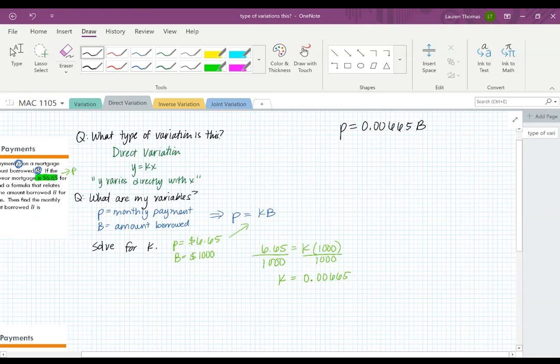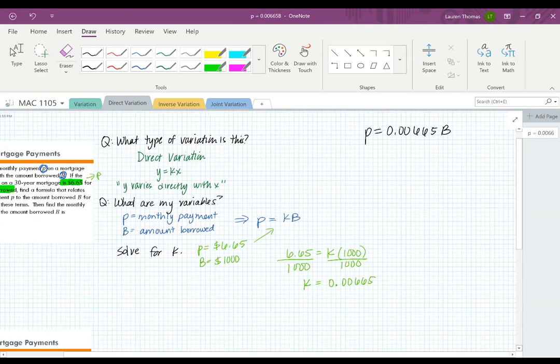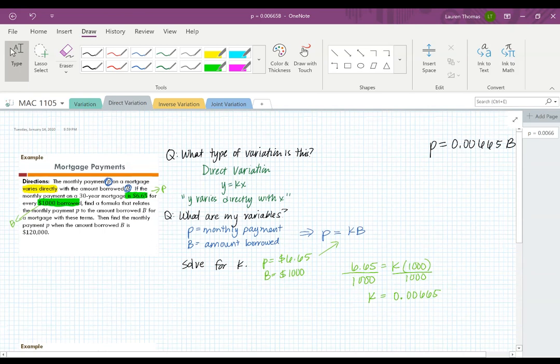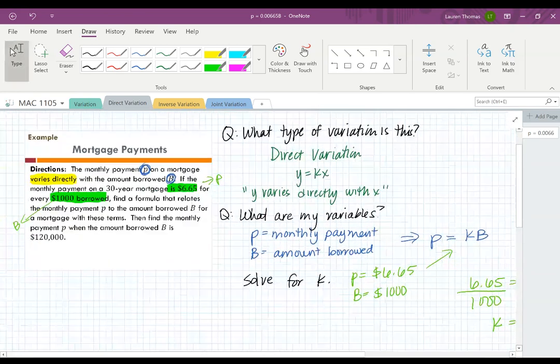Now that I have that set up, let's go back to the prompt of the problem to see what exactly they wanted me to find in the first place. It says, once you find a formula that relates the monthly payment P to the amount borrowed B for a mortgage with these terms, then find the monthly payment P when the amount borrowed B is $120,000.